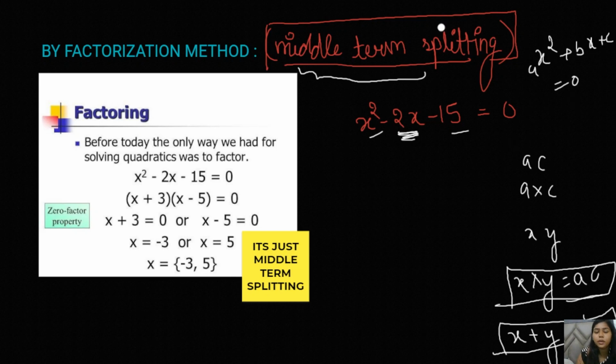So for 2, what can we take so that the two numbers can be added or subtracted to form 2, and they can be multiplied to form 15? So the numbers are 5 and 3. Very easy. When we subtract the 5 and 3, we will get 2, and when we multiply them we will get 15. Am I right?